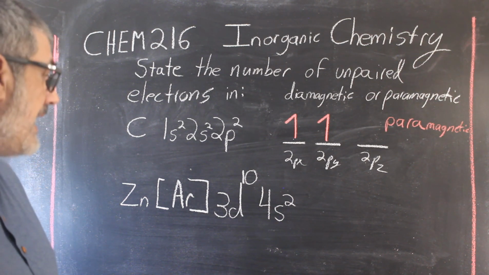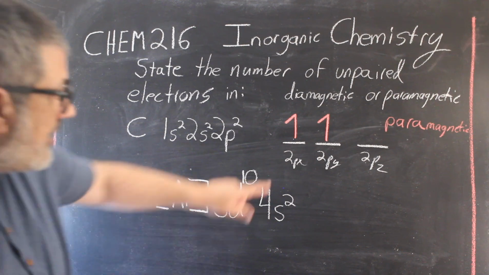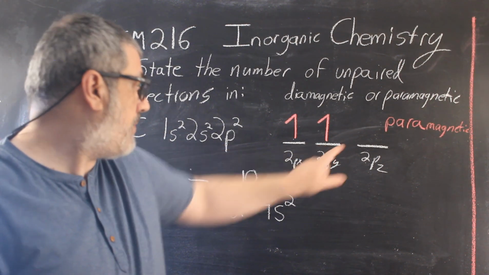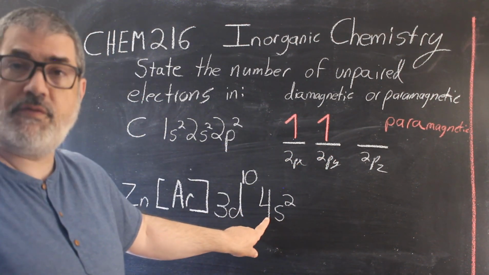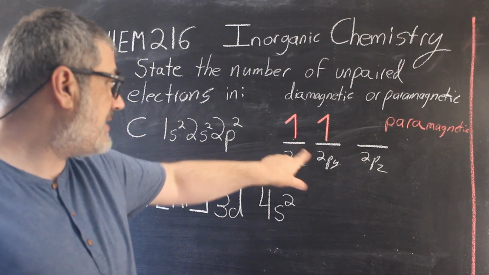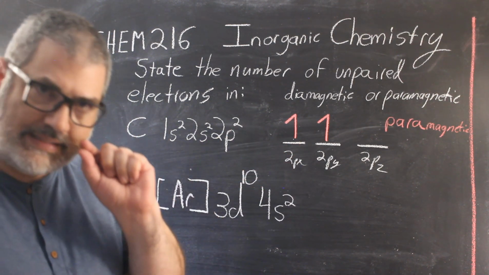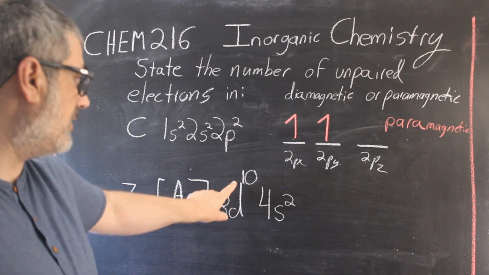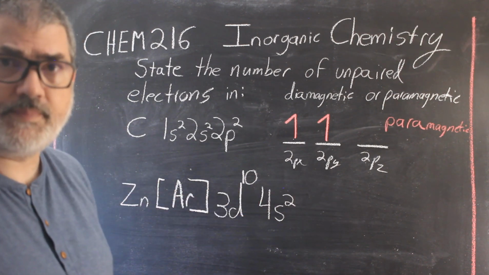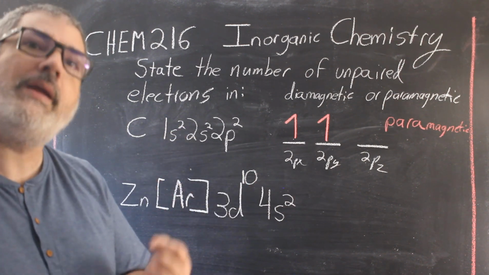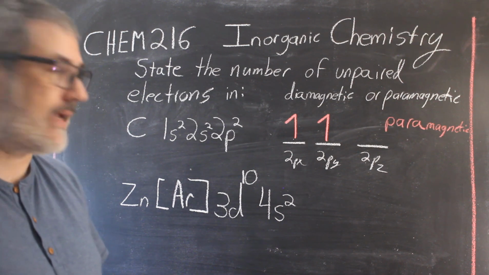Now, is this diamagnetic or paramagnetic? Well, I could draw out the diagram for both of these orbitals, the 3d and the 4s2, just as I did for the 2p, but I don't need to. The reason is the d subshell can hold a total of 10 electrons. It has 10, so it's full. Therefore, it must be diamagnetic.